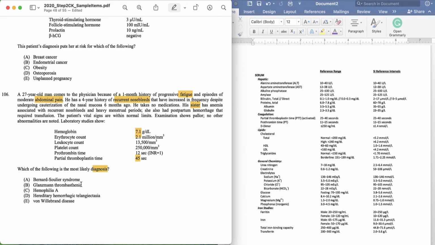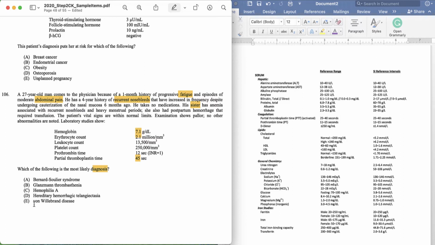Now, these I haven't seen. A and B I haven't seen since Step 1, so I don't know that much about them. E, I have heard about. This is a common disease that shows up on CK, so I have seen that a couple times. So already I'm leaning towards that just because it's more common, unless there was something that seemed unusual.